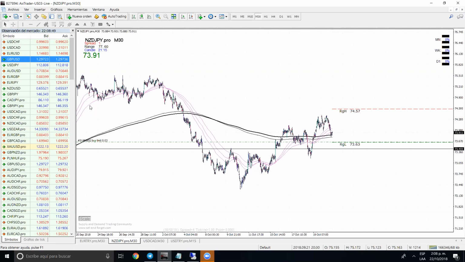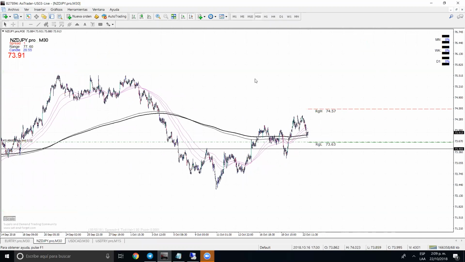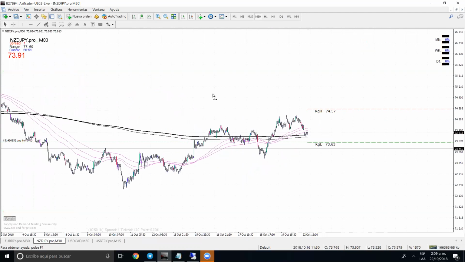So this configuration will help you to chart on one time frame setup and work with that. Let me hide this and we'll explain the template.